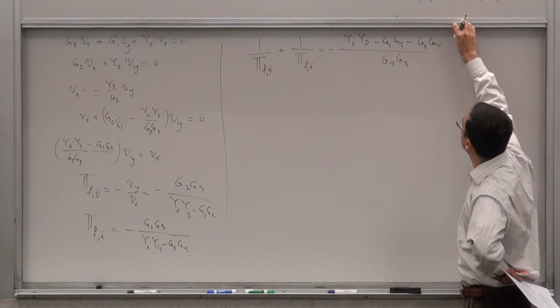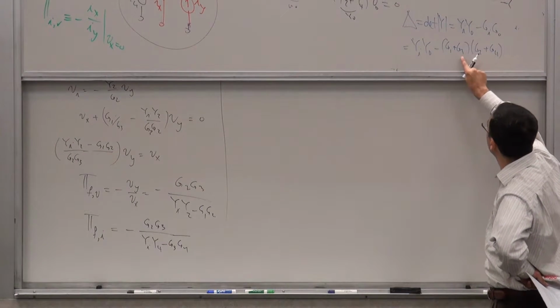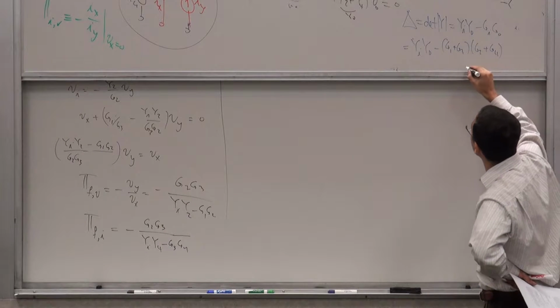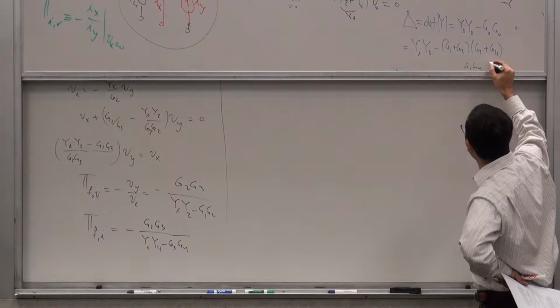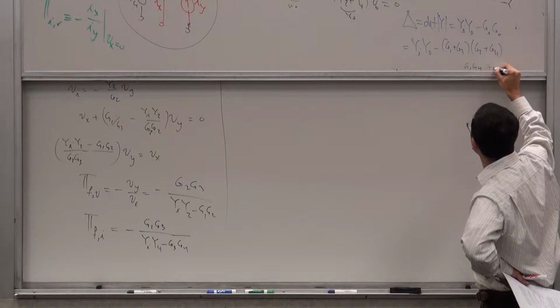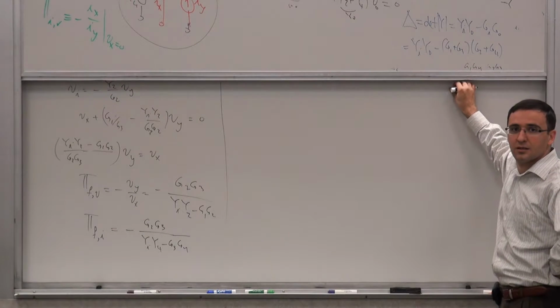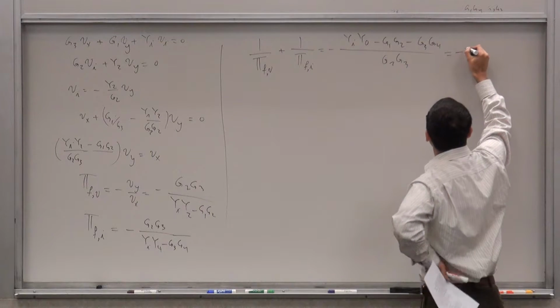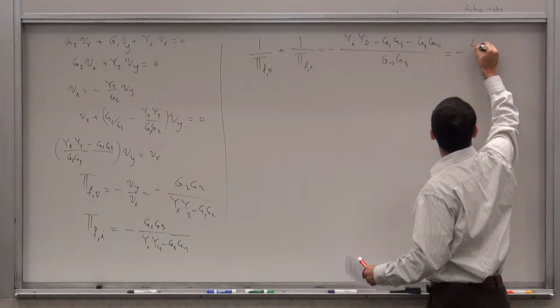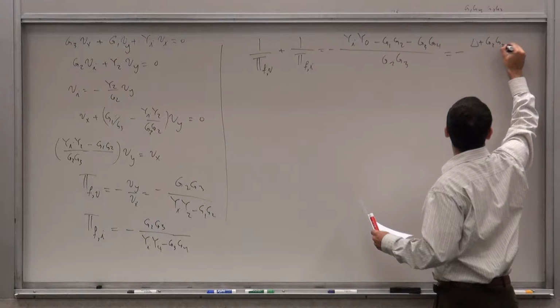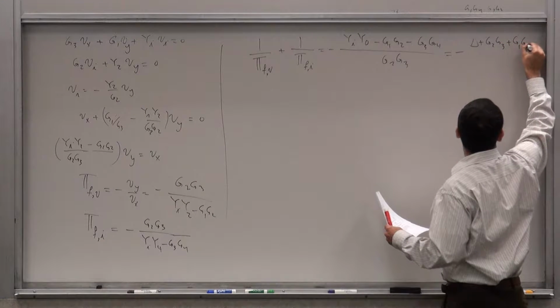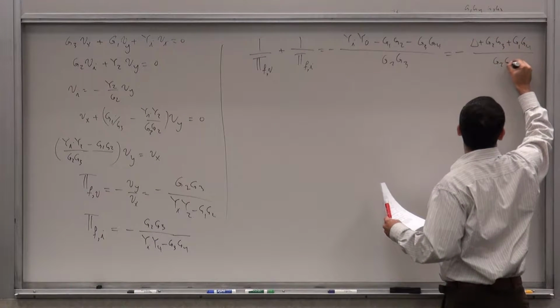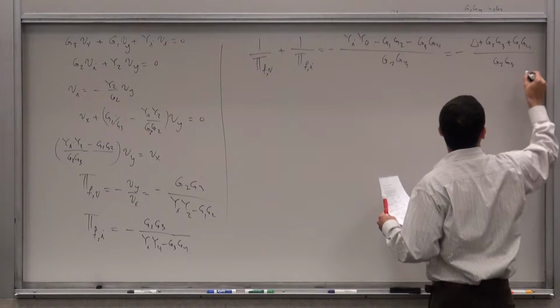I have G1 G2, and G3 G4, but delta also has a G1 G4 and a G2 G3, right? So is it fair to write this as minus delta plus G2 G3, those extra terms, G1 G4, over G2 G3?